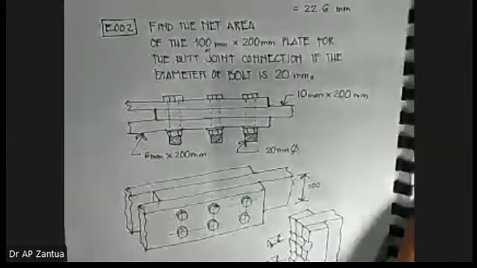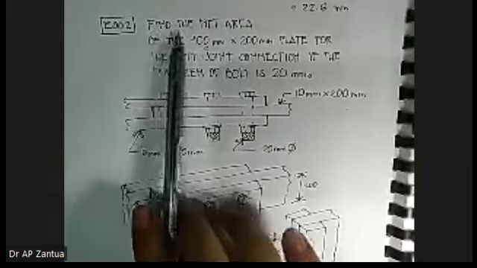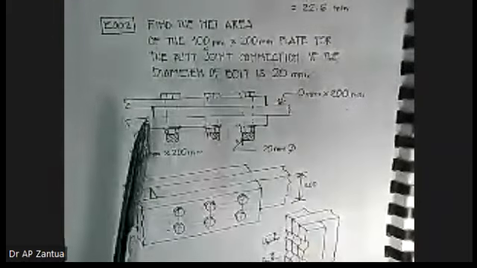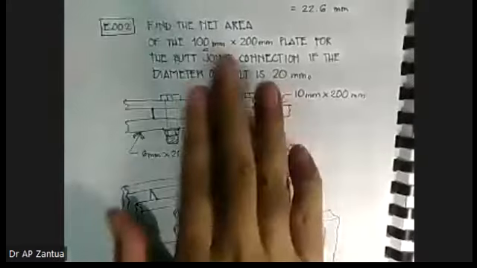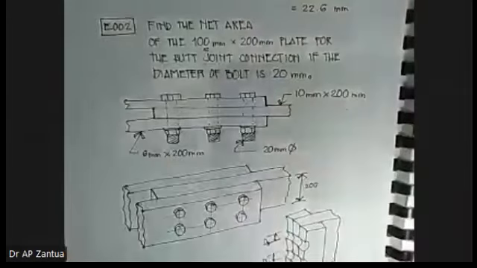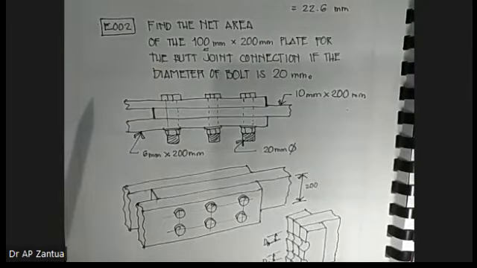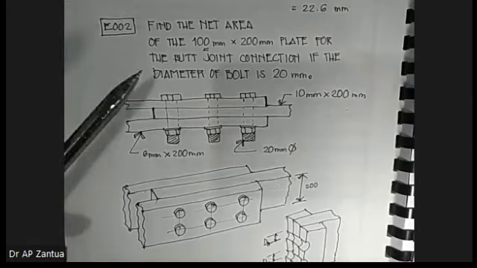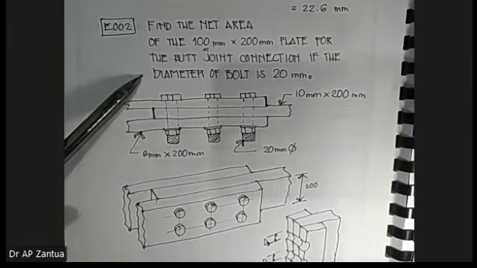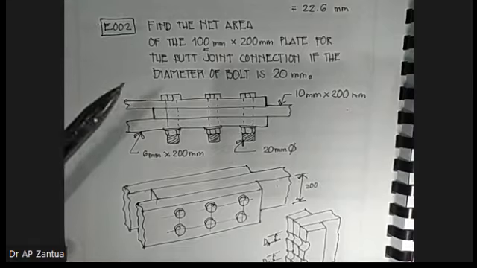Okay, let us summarize therefore what we did for example number 2. So we're being asked to find the net area of the 10 by 200 mm plate for the butt joint connection if the diameter of bolt is 20 mm.